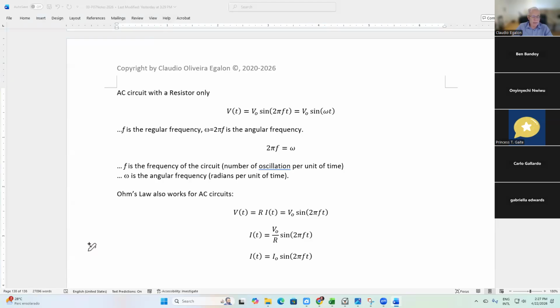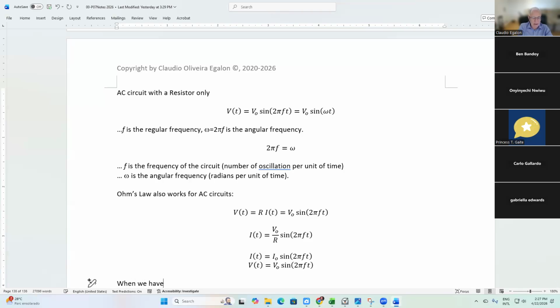And now, let's put the voltage equation and the current equation one next to each other. Like that, right? Notice that they both multiply it by sine, and whatever is inside the parentheses of the sine is exactly the same term.